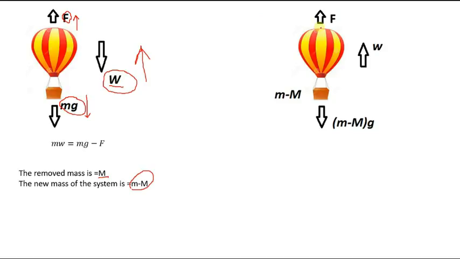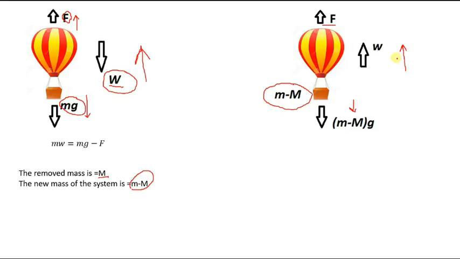The force acting in the upward direction because of the air inside the balloon is the same, or constant, as in the previous situation, and the mass of the system is reduced to m minus M, and the gravitational force is (m minus capital M) times g, and now the system is accelerating in the upward direction with an acceleration w.